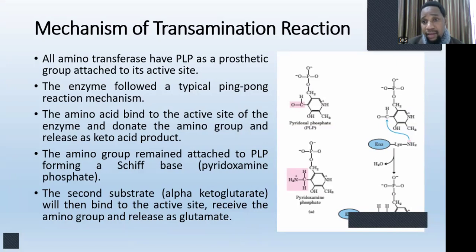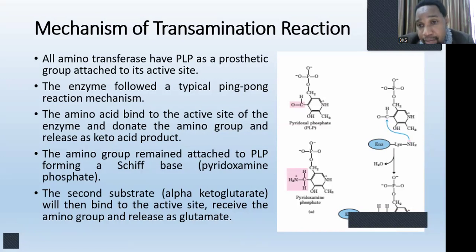Within the active site, there is this pyridoxal phosphate, which will react with the amino group of the incoming amino acid. In enzyme catalysis, binding of the substrate causes changes even in the morphology of the enzyme itself.